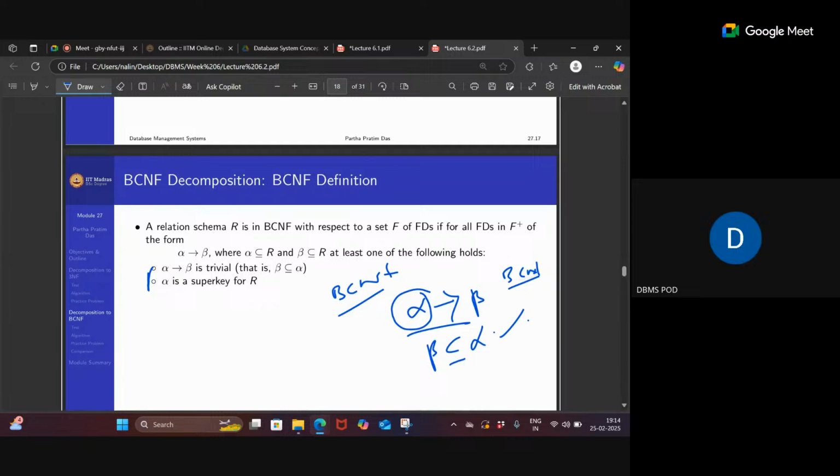If this FD is there, it is okay. And if alpha is a super key, then also we can say this is in BCNF.